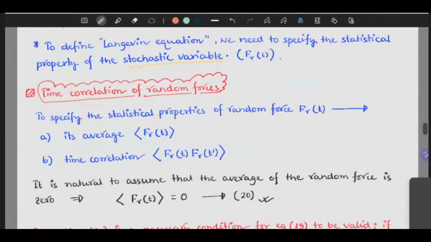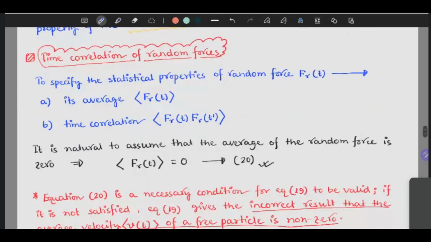It is quite natural to assume that the average of the random force is 0, because it is not giving you some drift or some velocity for a persistent time. That means the forces will be averaged out to be 0 if we observe the particle for a long time, right?